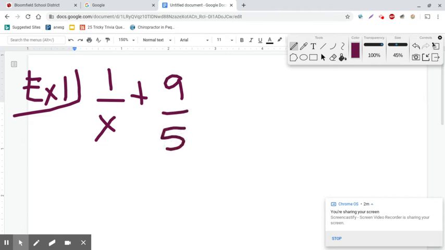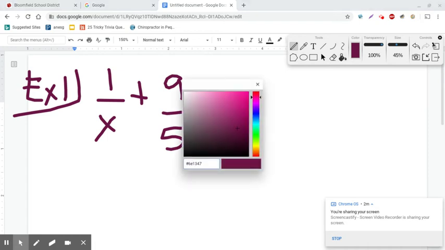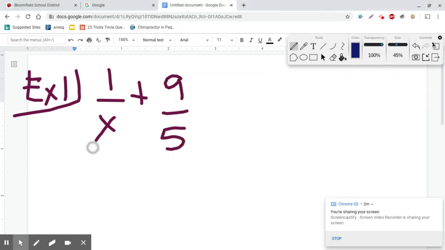All right, so for this one, our first step is going to be finding a common denominator. And I would suggest the easiest thing to do with that would be to take what's on the bottom and multiply them together. All right, 5 times x is 5x.